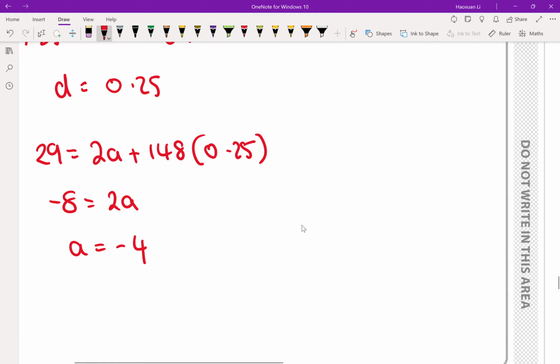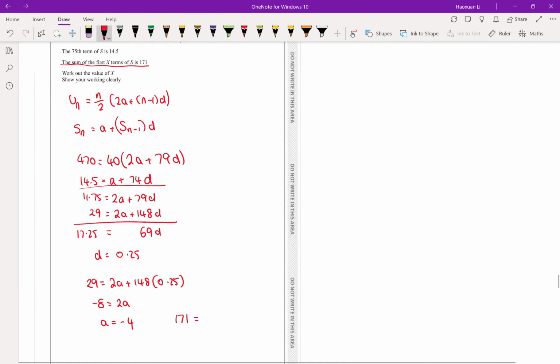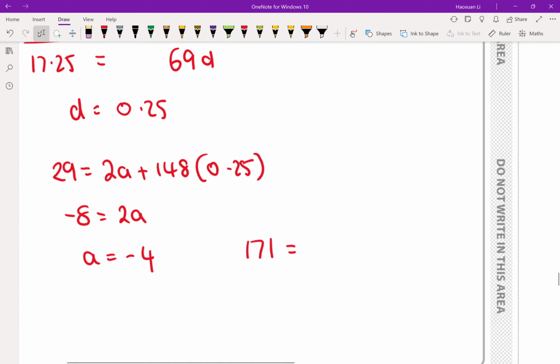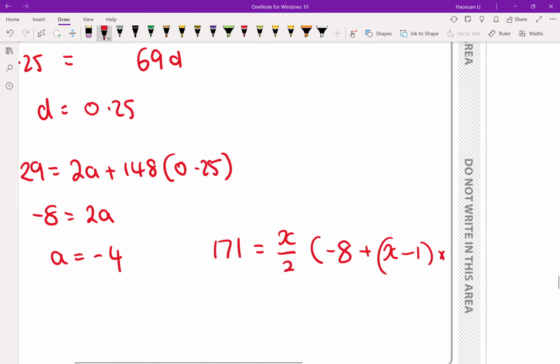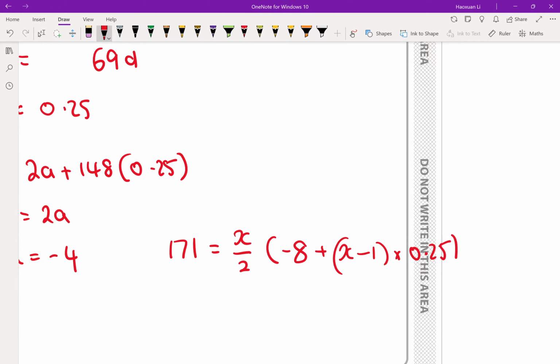So 171 is equal to x over 2 multiplied by 2a plus x minus 1 times 0.25.